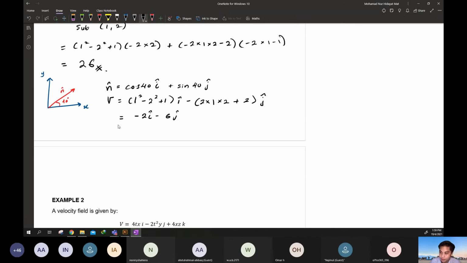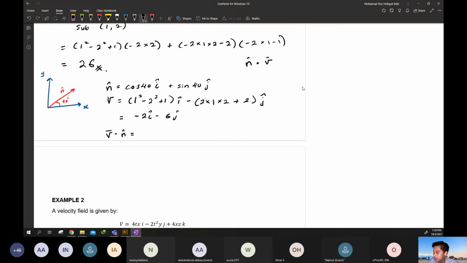Remember that when the n is dotted with the velocity vector, we will get the parallel vector. So we can apply the velocity dot product with the unit vector n, because we need to know the magnitude multiplied with the direction.